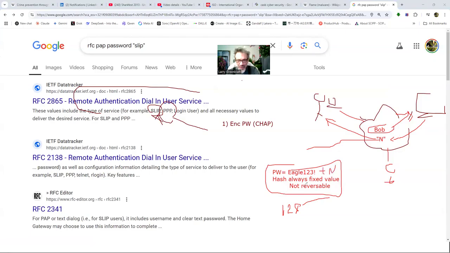Well, can't she still replay that? No, because this number is only used once. That's a nonce. That is extremely important in security to mitigate replay attacks. When you add a number, you salt it.